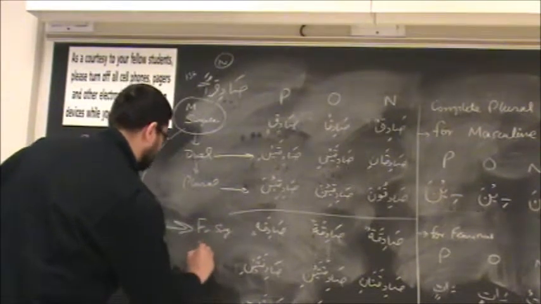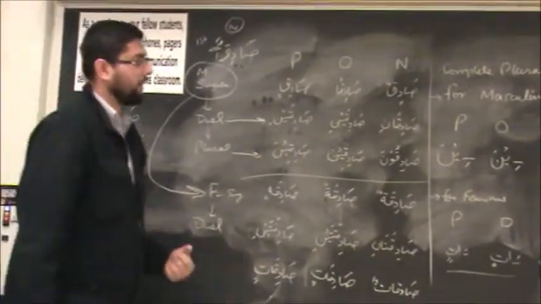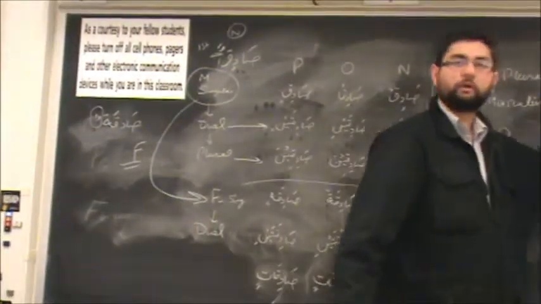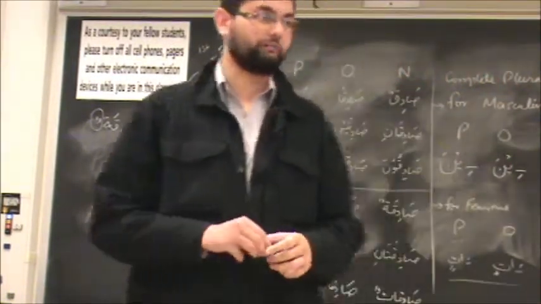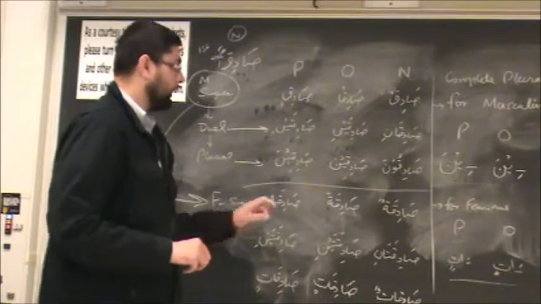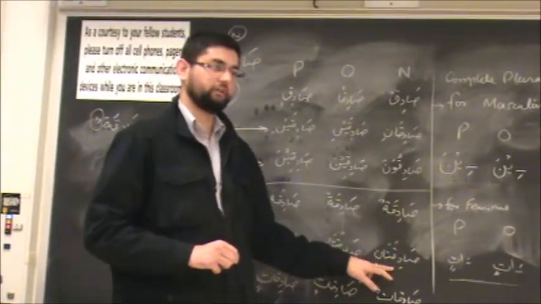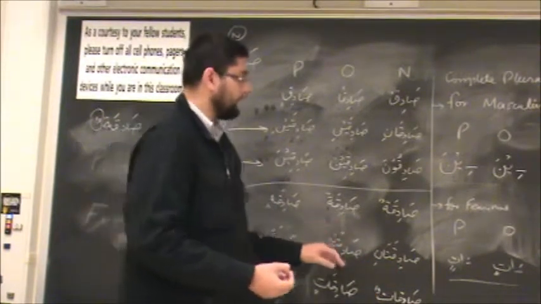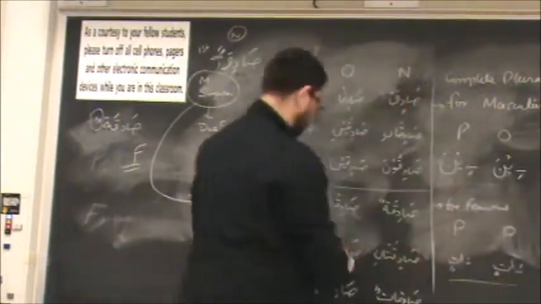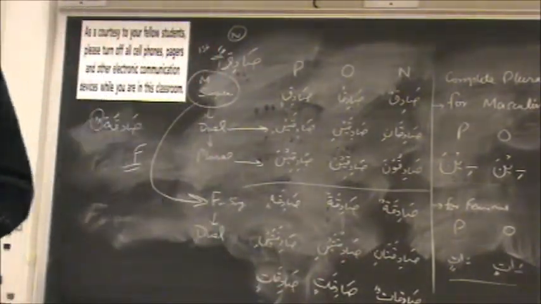Now I make it dual. I'll apply the same rule, which is the same for both masculine and feminine. So I will add ani to this word in the objective case. So it will become sadiqatani. And then I will add aini here, and it will become sadiqataini.